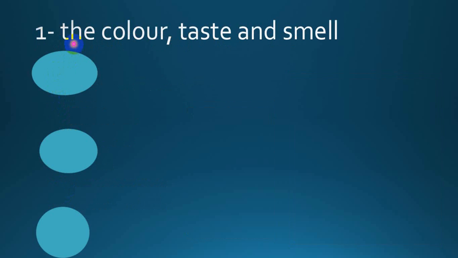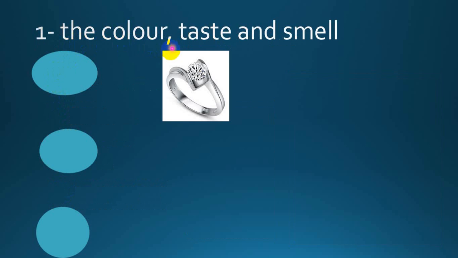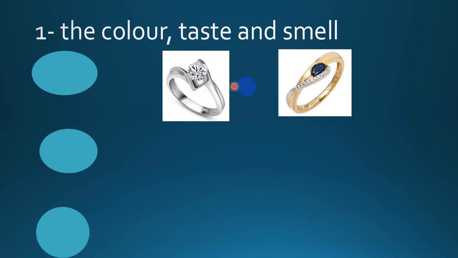Number 1, the color, taste and smell. Here I have a silver ring and a gold ring. How can I differentiate between them? Differentiate means I can find the difference between them by using color, right?